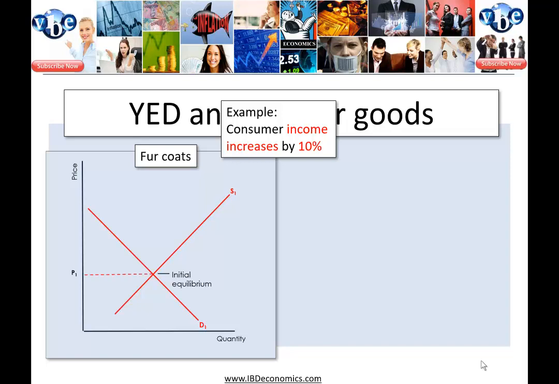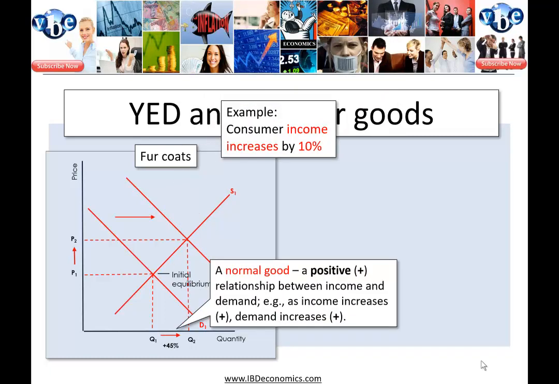Fur coats being the opposite of an inferior good, an absolute luxury. So income increasing by 10%, resulting in a large increase in demand, a large shift of the demand curve there. So income's going up by 10%, and the quantity demanded going up by relatively more, 45% in this case.